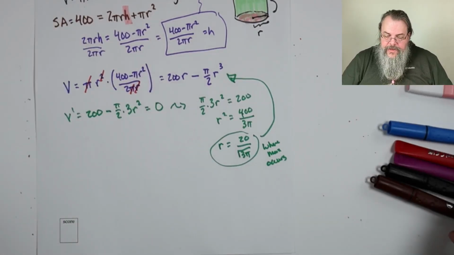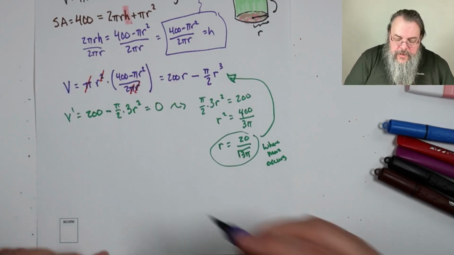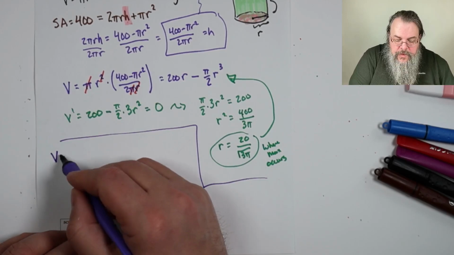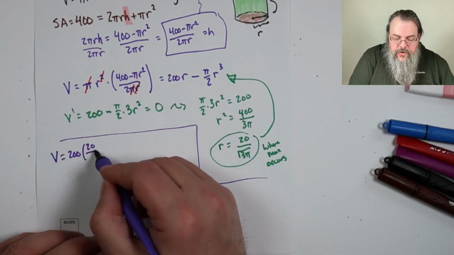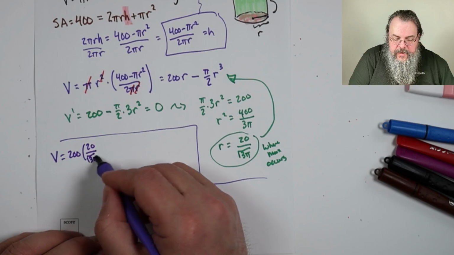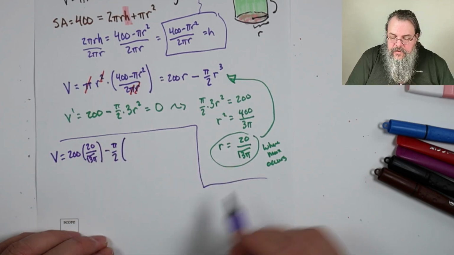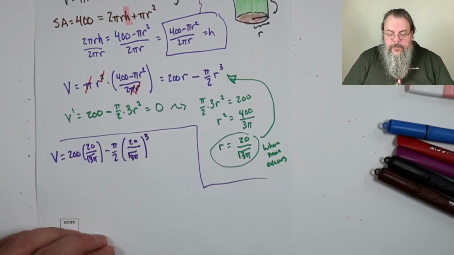The end is near. So we'll get that our volume will be equal to 200 times 20 over the square root of 3 pi, minus pi over 2 times 20 over the square root of 3 pi, cubed.